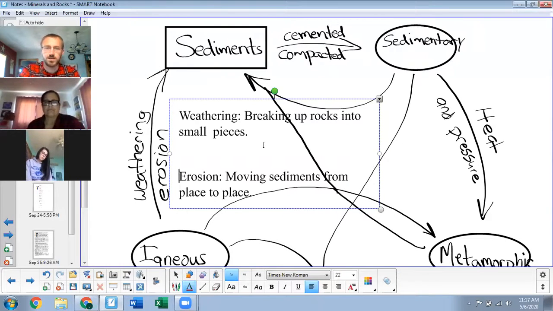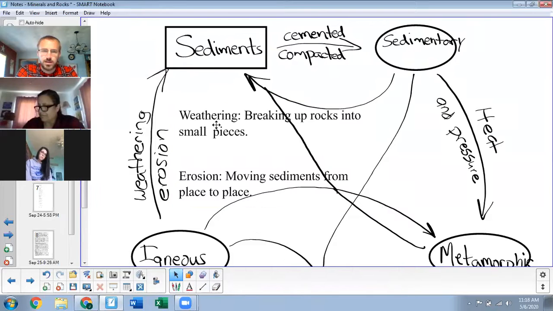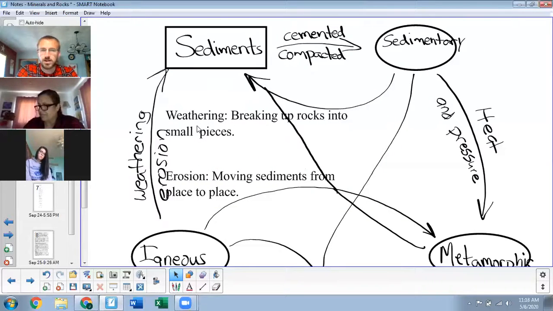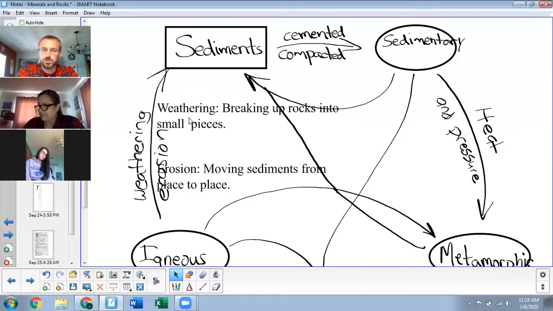So that moving of sediments is erosion. So that's that arrow there. Whenever you weather or erode a rock, you're going to form sediments or move the sediments.